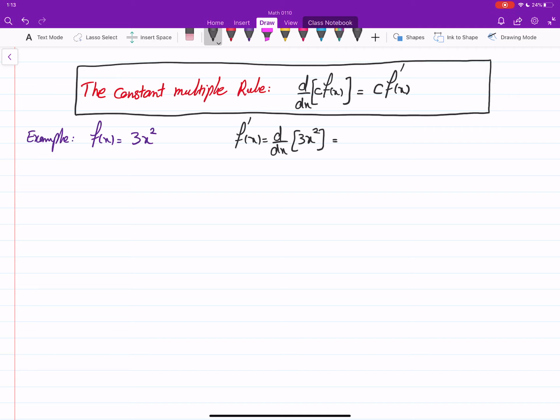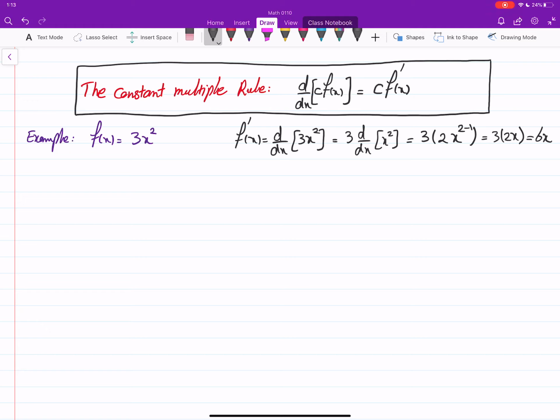The constant multiple rule says 3 comes out, and we have x to the power 2. Now here you can use the power rule. It will give us 2 times x to the power 2 minus 1. So this is 3 times 2x to the power 1. I can write just x, and this gives us 6x.